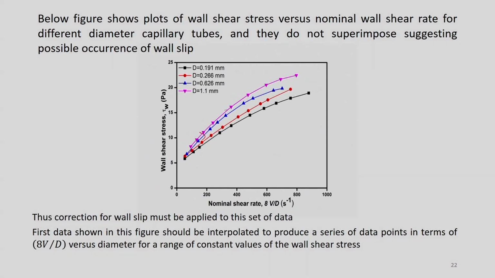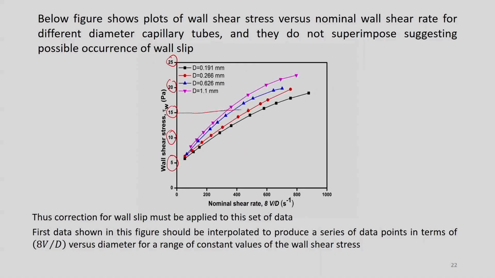Now, we are going to find out what the slip velocity is. For slip velocity, we have to plot the 8V by d versus 1 by d curve. So, first what we do, we select 5 different values of tau w, let us say 5, 10, 15, 20, 25. Tau w is equal to 15.